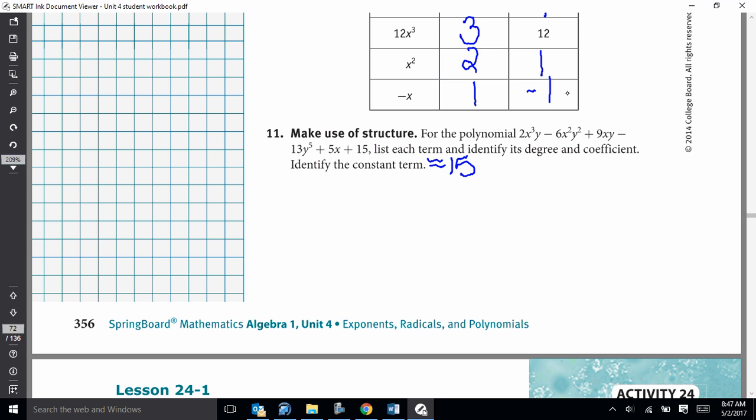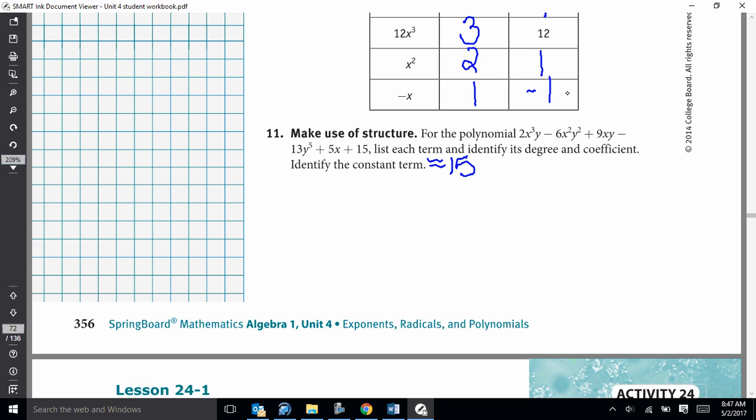So our coefficient is positive 9. And what's our power on the x? 1. Power on the y? 1. Our next term, what's our coefficient? Negative 13. Now, do we have a power on the x? 0. And then what's the power on our y? 5.